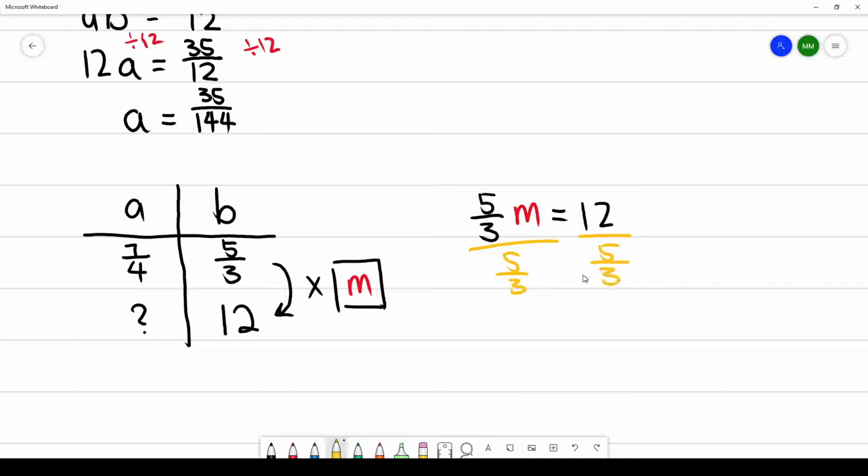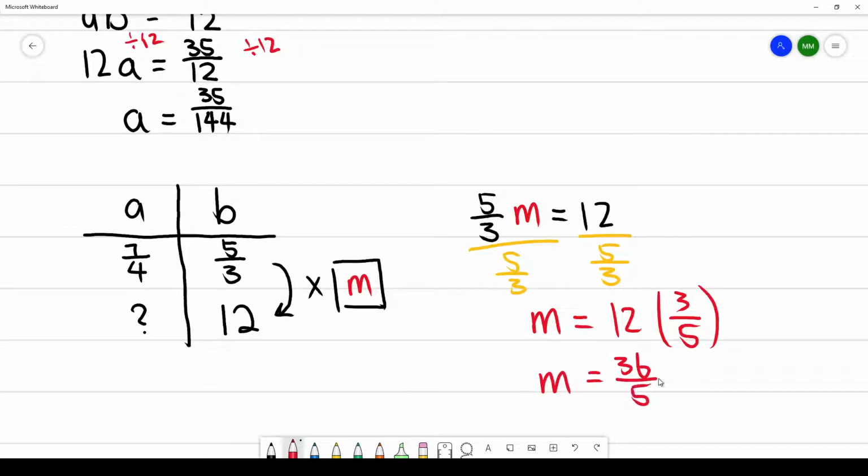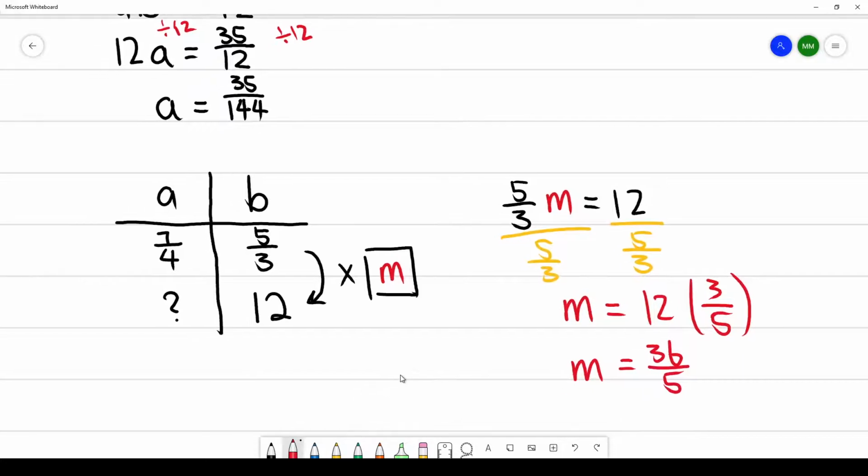You have to divide by a fraction, and that doesn't look nice. So m is 12 multiplied by 3 over 5, so m is equal to 36 over 5. See, you can still do it, no problem, but it's just so much work now.